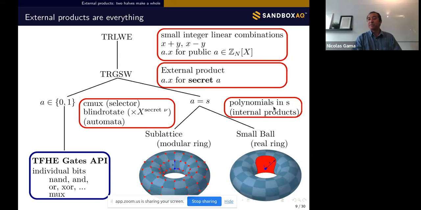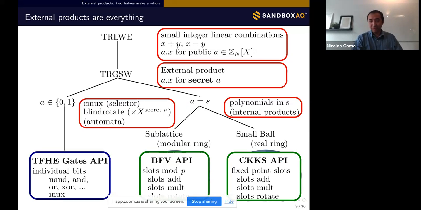And evaluating polynomial in the secret key is really the central concept in BFV and CKKS to be able to get the internal products. So it leads on the BFV side, if I discretize the torus, to arithmetic modulo P. And if instead of discretizing the torus, I limit myself to a small ball in the torus, to the arithmetic over fixed point plain text.